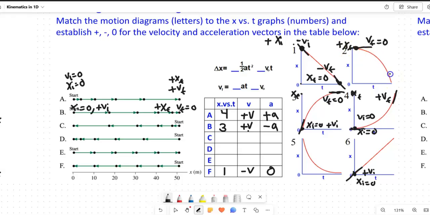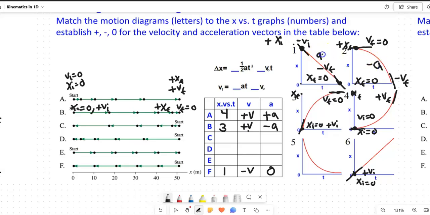And then later on, our x final is going to be equal to 0, but our final velocity is going to be negative. So we're looking for something that is speeding up as it's moving to the left. If it starts at 0 and it has a negative velocity, that is going to be a negative acceleration.